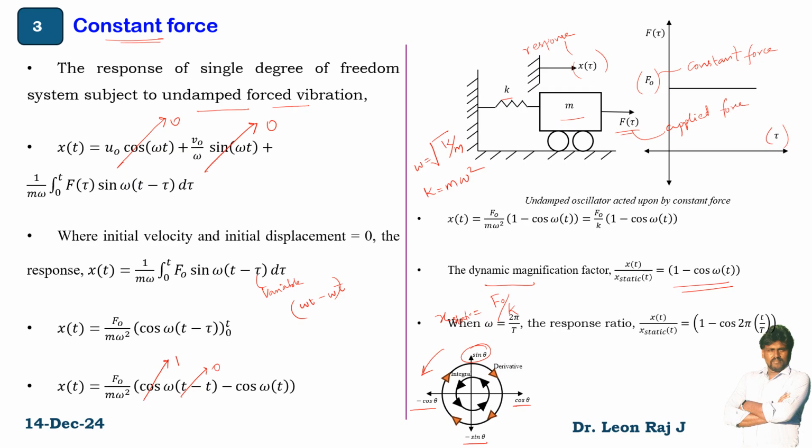When omega equals 2 pi by T, so T is nothing but 2 pi by omega. So if omega equals 2 pi by T, the response ratio is equal to 1 minus cos (2 pi t by T). So small t is nothing but the time related to the applied force, and capital T is the time related to the natural time period.